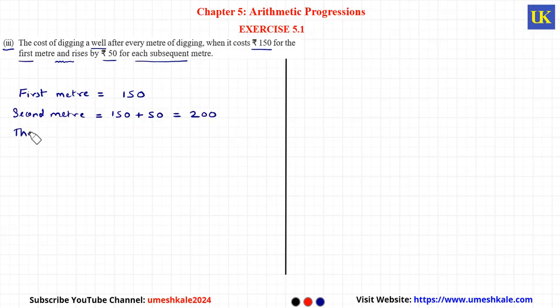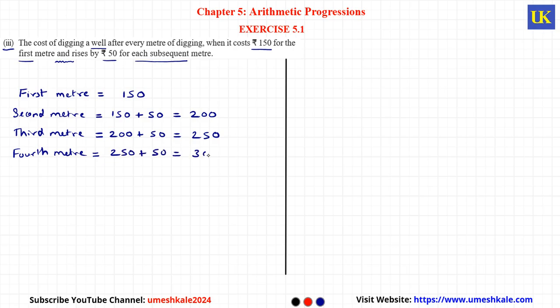Then for the third meter, 200 plus 50, we have to pay 250, right? Similarly for the fourth meter, 250 plus again 50, so it will become 300. So now we need to check whether this is an AP or not. So 150, 200, 250 and 300 and so on.